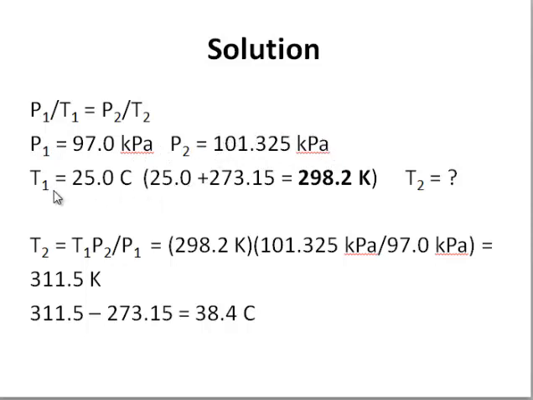Temperatures require absolute units, so we convert to Kelvin. 25 Celsius plus 273.15 is 298.2 Kelvin. And we're solving for the final temperature, T2. Arrange the equation algebraically. T2 is T1 times P2 over P1.